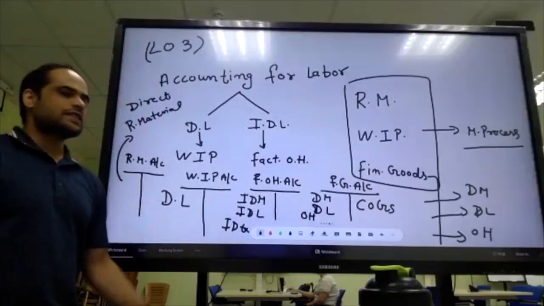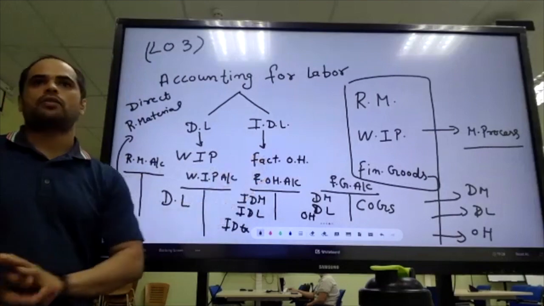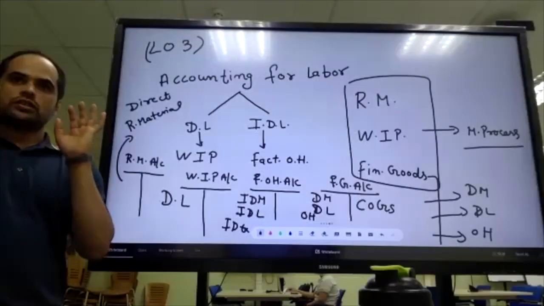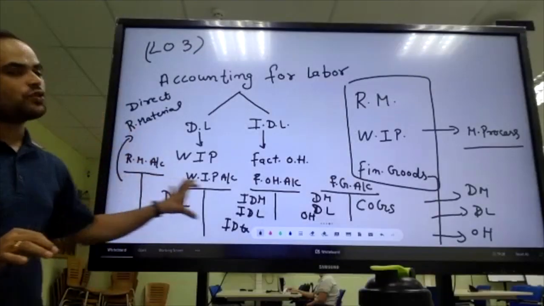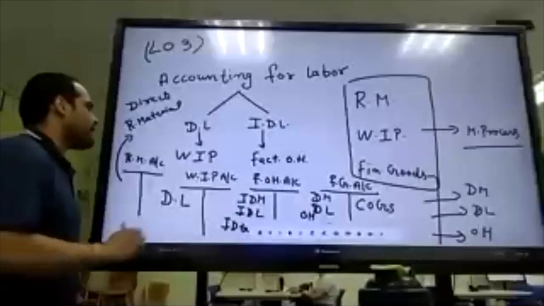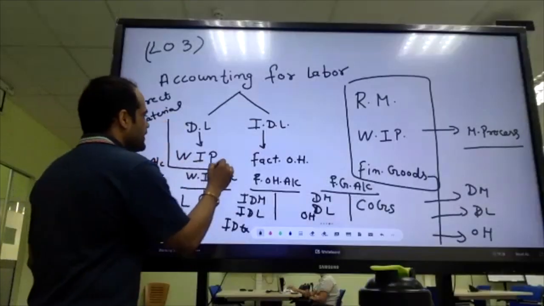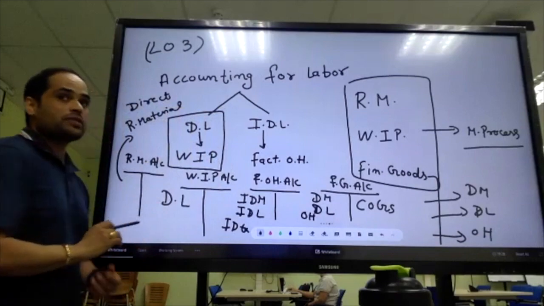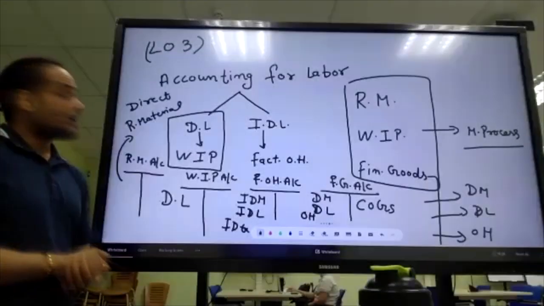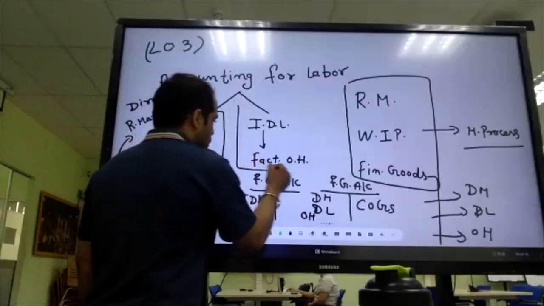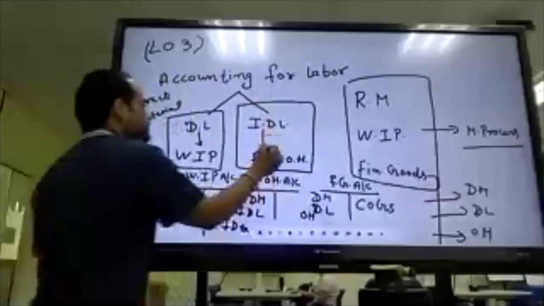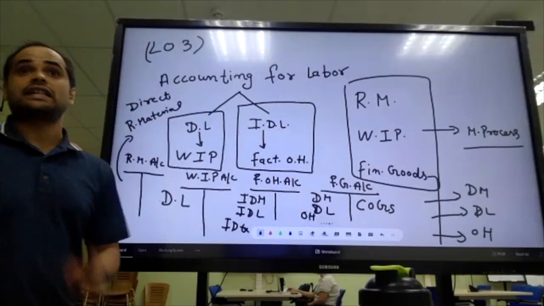All right, so this is very basic information about T accounts. The main idea to explain T accounts is, keep in your mind, direct labor is transferred to work in process, and indirect labor will transfer to the factory overheads T account. Why?